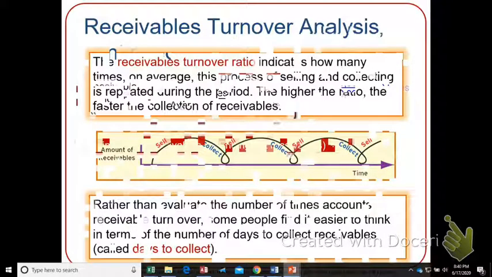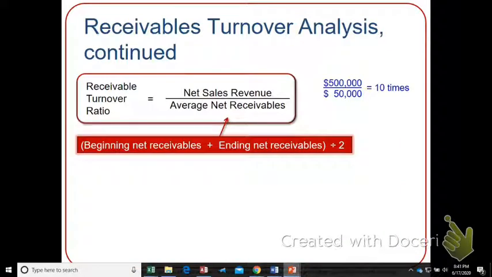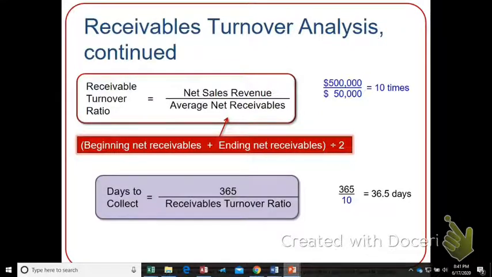And then we divide that into 365 to get that same days to collect. So again, one of the things I mentioned is keeping track of this average, beginning plus ending divided by 2. So sales divided by average receivables. And then we're going to divide that into 365 so we can get days.